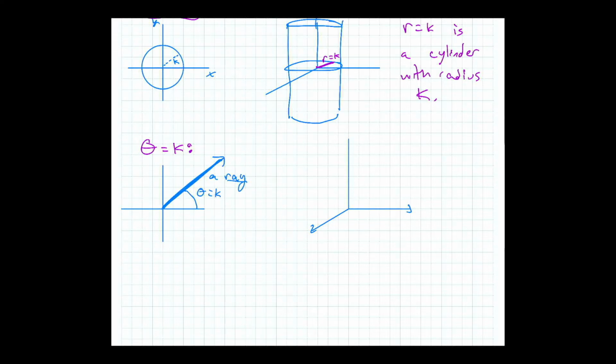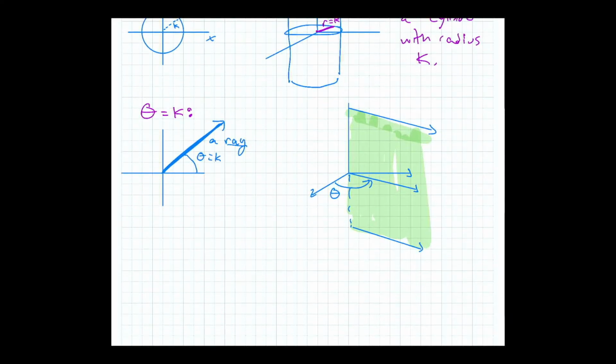What it would look like is you would have some kind of ray in the 2D plane, but that would extend up as far as you want it and also down as far as you want it, and you get a plane. Actually, not a whole plane, you get half a plane. It starts at 0, 0 on the y-axis and goes out in the direction of whatever that theta is.